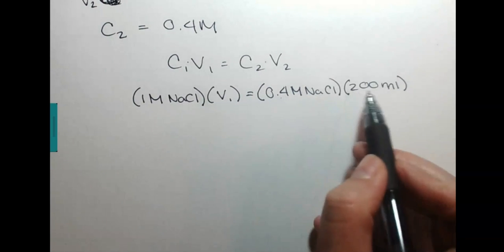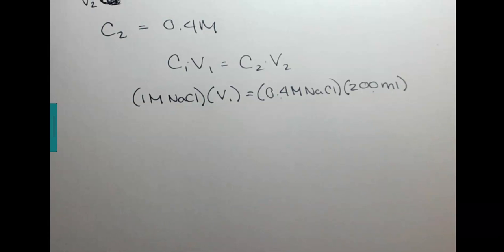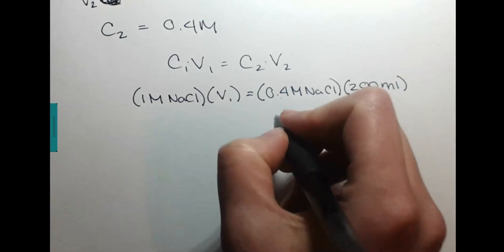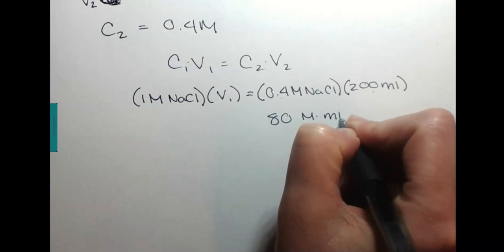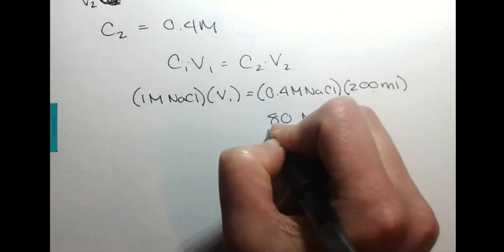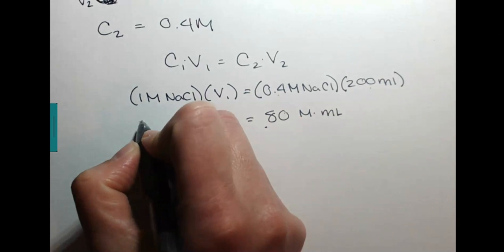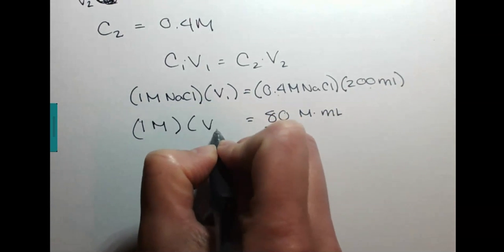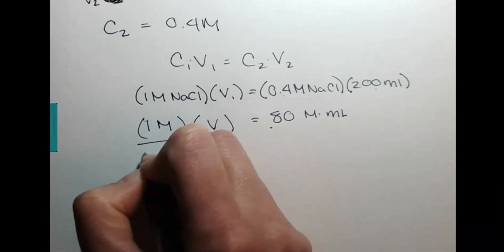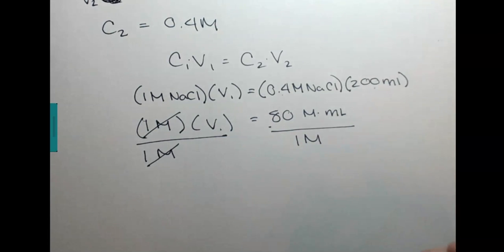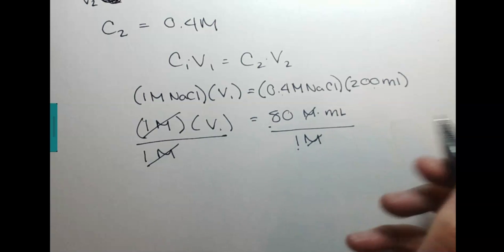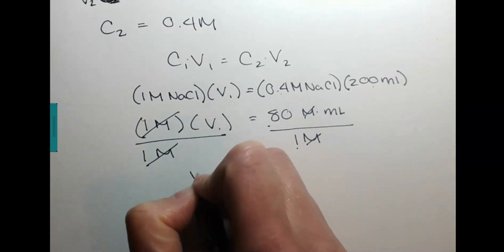I'm going to use the calculator just in case. Gives me 80. So I have 80 moles times milliliters. And that is equal to 1 molar NaCl times my unknown. So now I'm going to divide both sides by 1 molar, because that's the stock concentration. That's my C1. So I can cancel the moles. 80 divided by 1 is 80. So my V1 is going to be 80 milliliters.